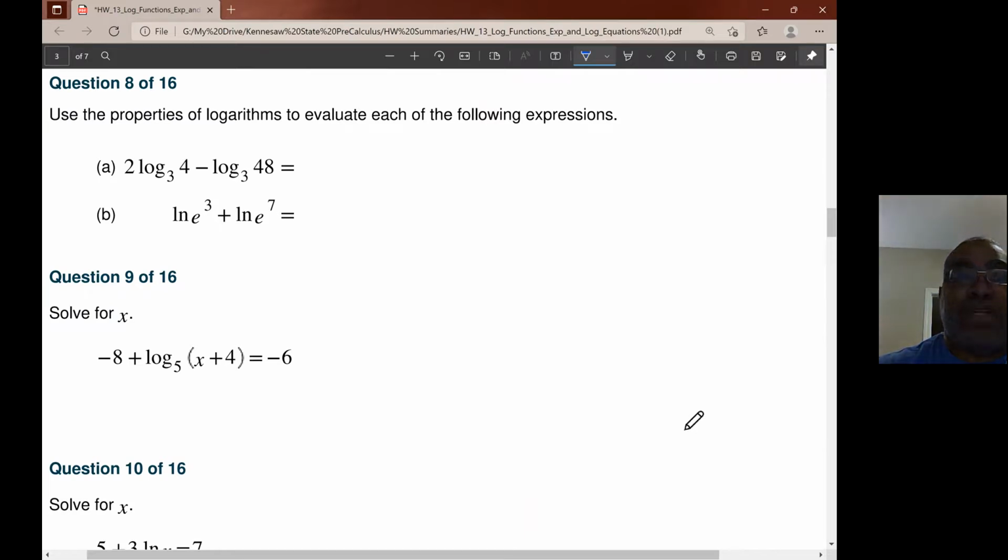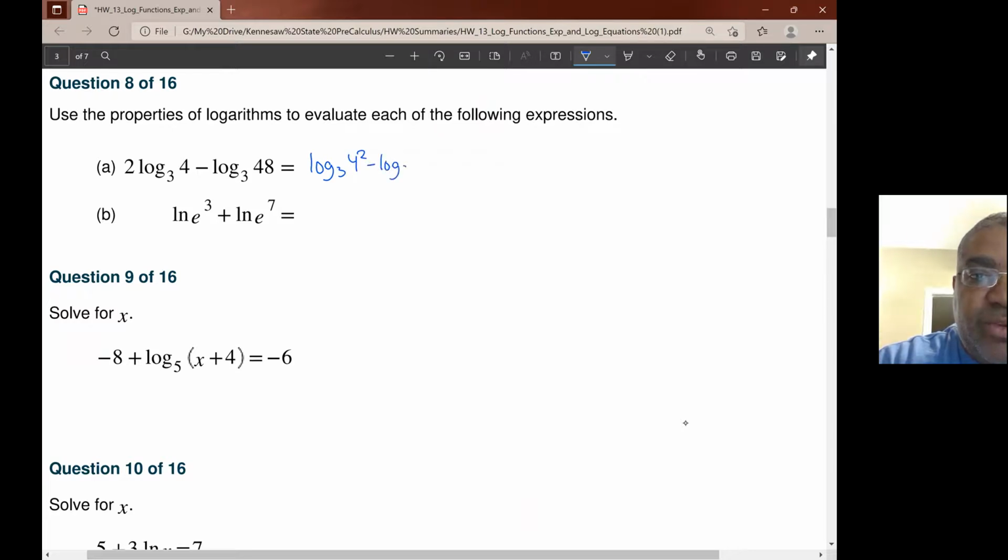Okay, we want to evaluate these logarithms. We do the same thing as far as putting these things together. So first step, we're going to move the 2 to the 4. So this ends up being log base 3 of 4 squared minus log base 3 of 48, which is log base 3 of 16 minus log base 3 of 48.